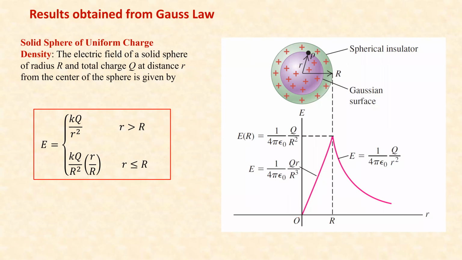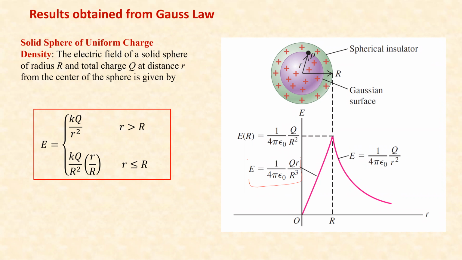If you look at it this way, this is the sphere with radius R, and this is the Gaussian surface that is shown in purple. The electric field as a function of the distance to the center goes linearly like this.